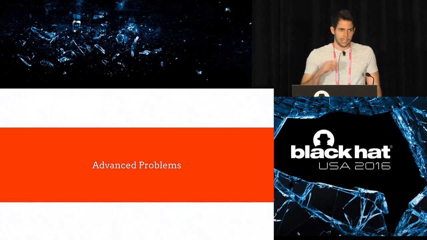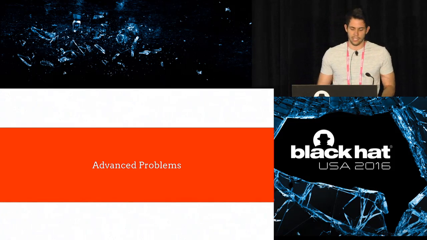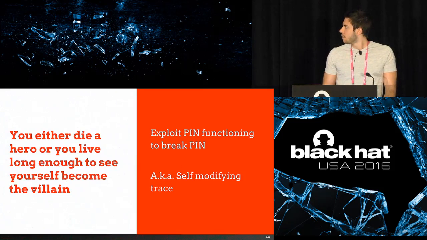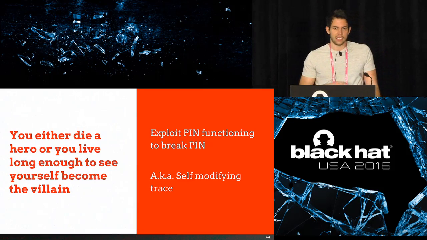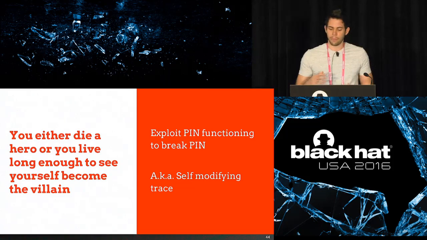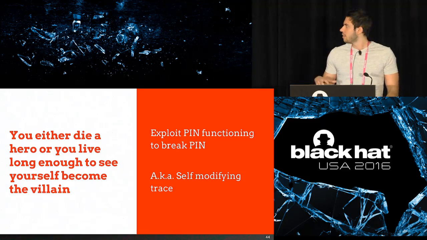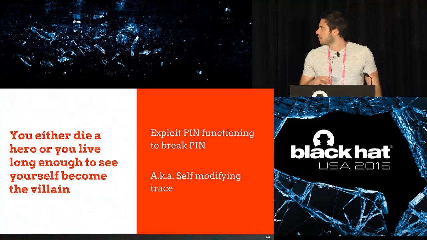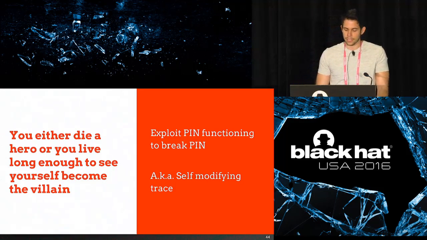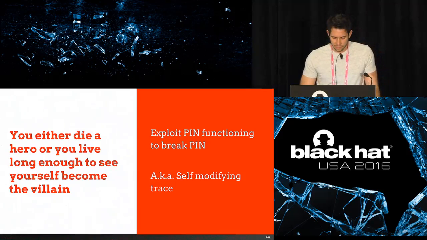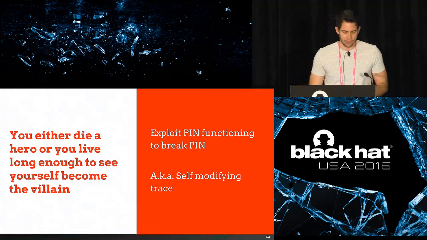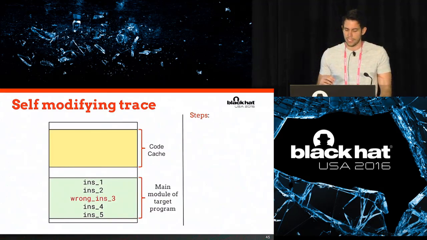Now, let's explain some of the other advanced problems we had to deal with during our research. The first one is a very nasty one because it exploits the way PIN works in order to break PIN itself. We have found this kind of attack in some samples packed with the packer PESpin, but we can better understand the whole attack directly through an example.